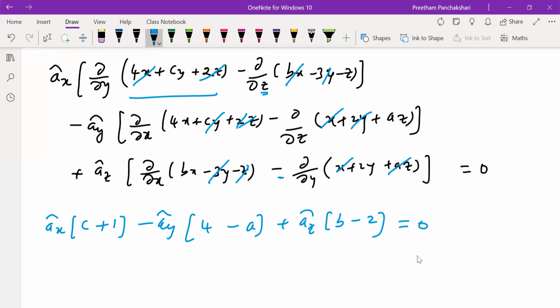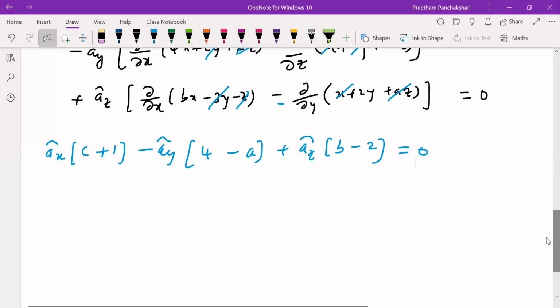So the RHS of the equation is 0. Then the LHS must also be 0. But there are three components of x, y, z. The x, y, z components are perpendicular to each other. Quantities or vectors which are perpendicular to each other are independent of each other, so they do not involve any mathematical relations with each other.